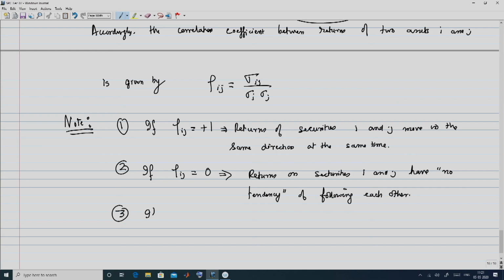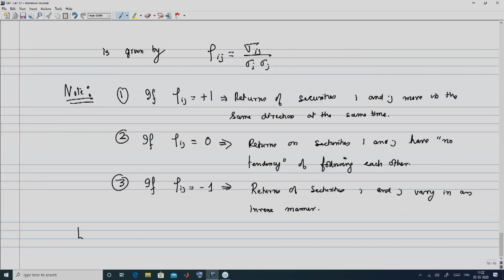And thirdly, if rho I j is equal to minus 1, this implies that returns of securities I and j vary in an opposite or inverse manner. So, these three observations are similar to the interpretation of rho equal to plus or minus 1 and rho equal to 0 when we had introduced earlier the definition of a correlation coefficient between two random variables.